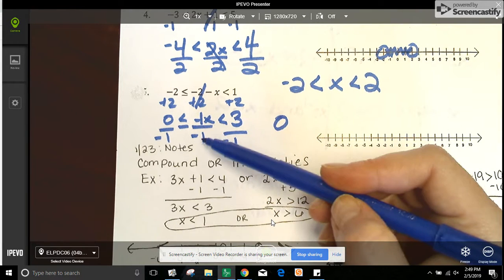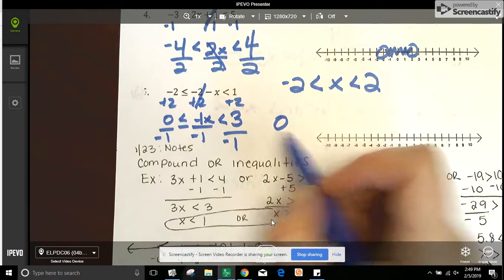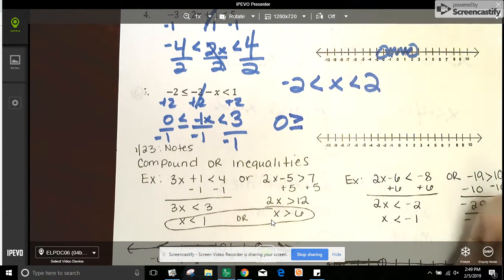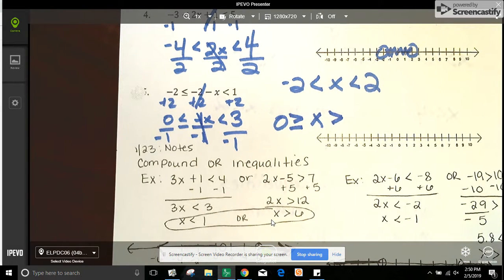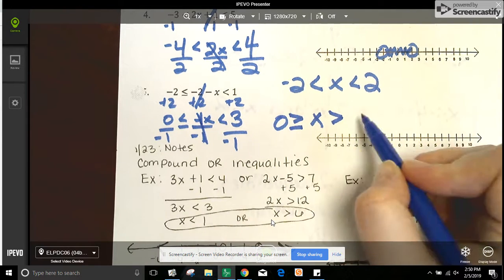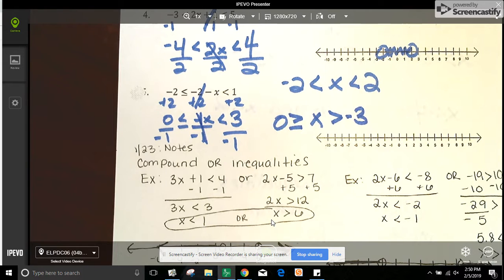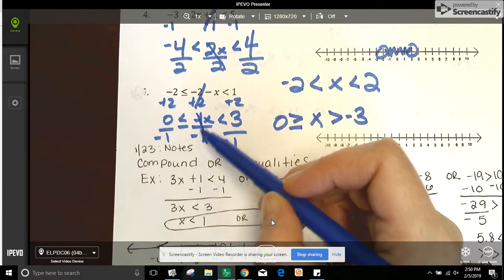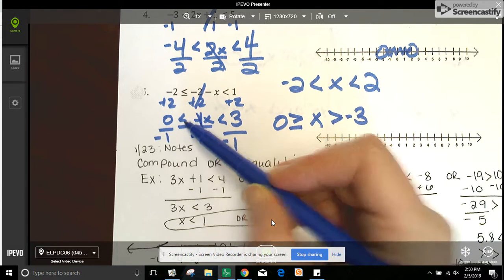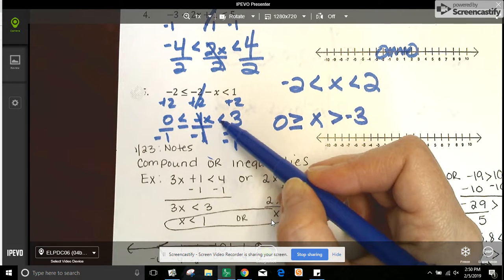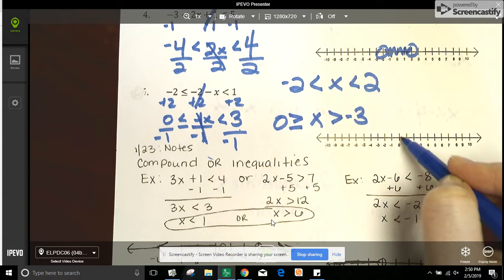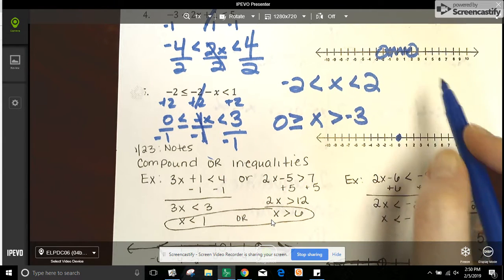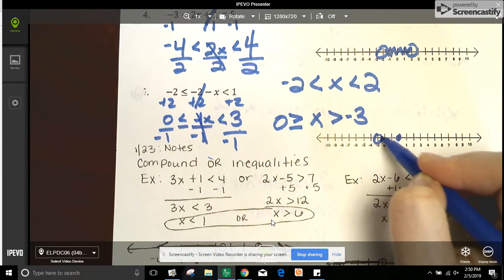And if you ever divide by a negative, your sign flips. So this time you flip your sign. Every sign flips. 3 divided by -1 is -3. I had to divide by -1 this way, so that sign flipped. I had to divide by -1 this way, that sign flipped. So closed circle at 0, open circle at -3, and then shading in the middle.